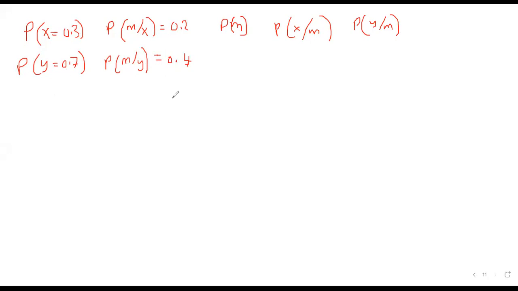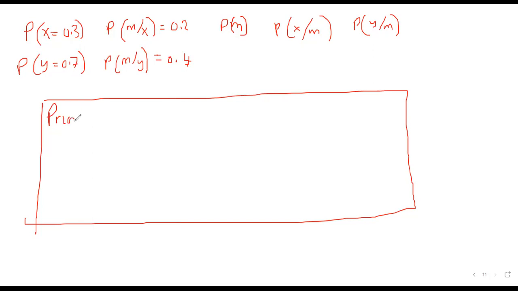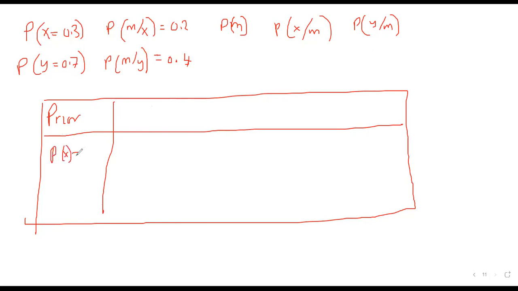Let's try. What do you start with in the table? Who wants to lead us through the prior? What do we have in the prior? Probability of x, which is 0.3, and probability of y, which is 0.7.